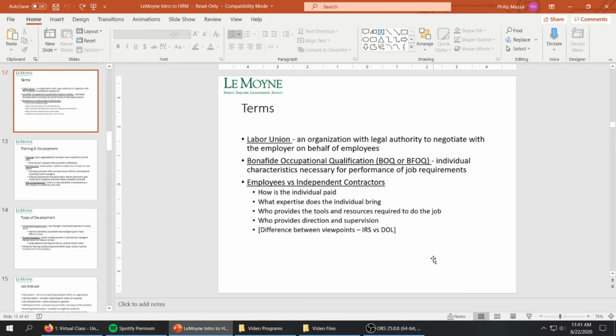Those supervisors are providing the person with direction and supervision. XYZ company is providing tools and resources to the person. Therefore, the DOL will call XYZ company the employer versus the temp agency.